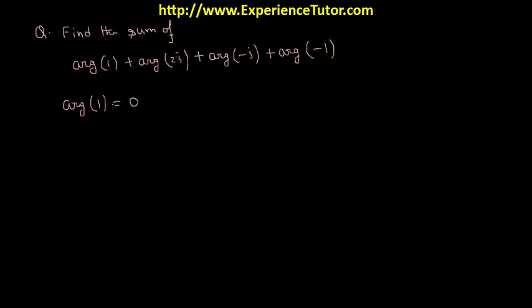The argument of minus 1 is equal to pi. The argument of 2i is equal to pi by 2.